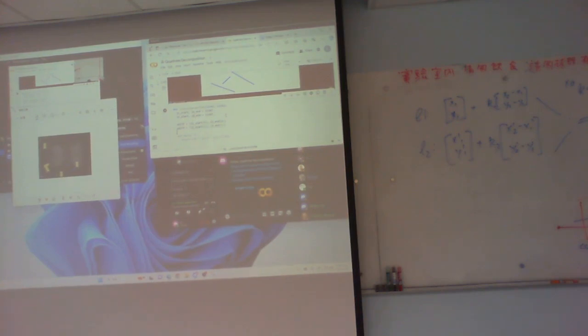So k1 and k2 would be equal to x1 minus x1 dash, and then here we have y2 minus y1, y2 dash minus y1 dash, which is this part here, which will be equal to y1 minus y1 dash. Okay, so we have that. Now what?